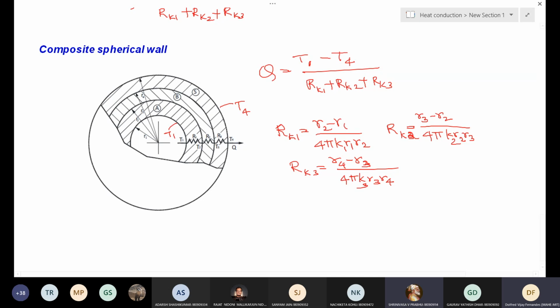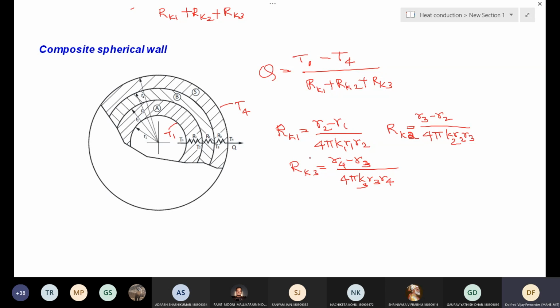Can you give an example of spherical wall heat transfer surfaces? I think I discussed it in the last class. Most of the time we go for storage vessels of cryogenic fluids, so spherical storage vessels. Cryogenic fluids are stored under high pressure.